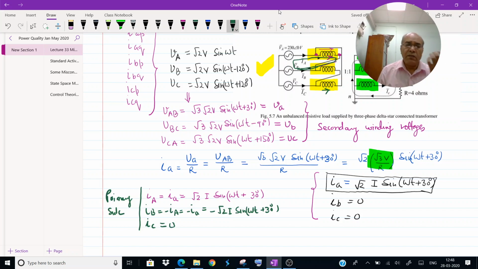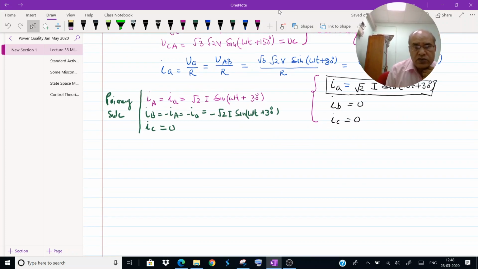So we know the primary side voltage, we know the primary side current, we can find out the alpha beta components, and then we can resolve them into active and reactive components of the currents in the A, B and C phases. Fine.